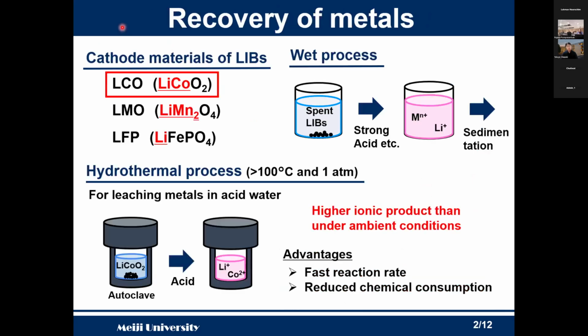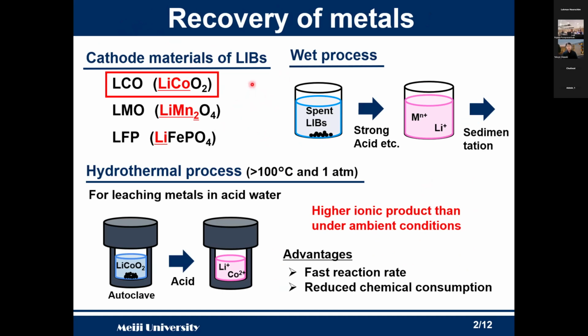So, there is the recovery of metals. There are cathode materials of LIBs: LCO, lithium cobalt oxide, LMO, and LFP. We focus on LCO, which contains precious metals, lithium and cobalt.